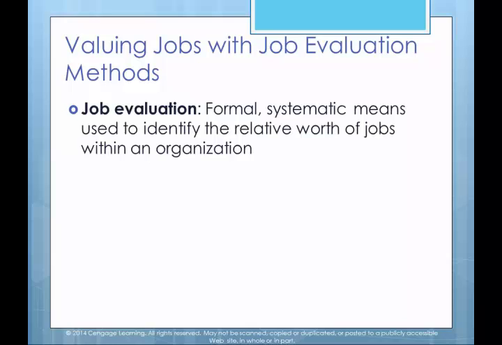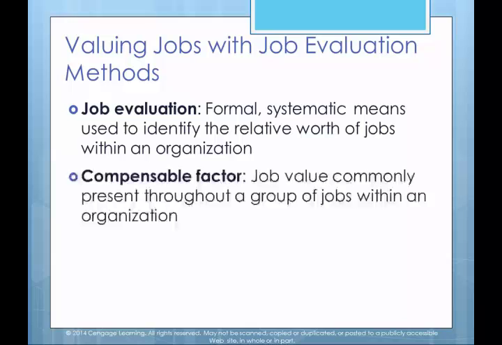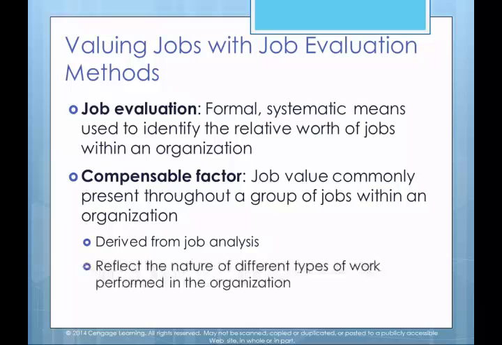The job evaluation is a formal systemic means used to identify the relative worth of jobs within the organization. You can do a compensable factor, job value commonly present throughout the group of jobs within an organization. And it's derived by the job analysis, reflects the nature of the different jobs.